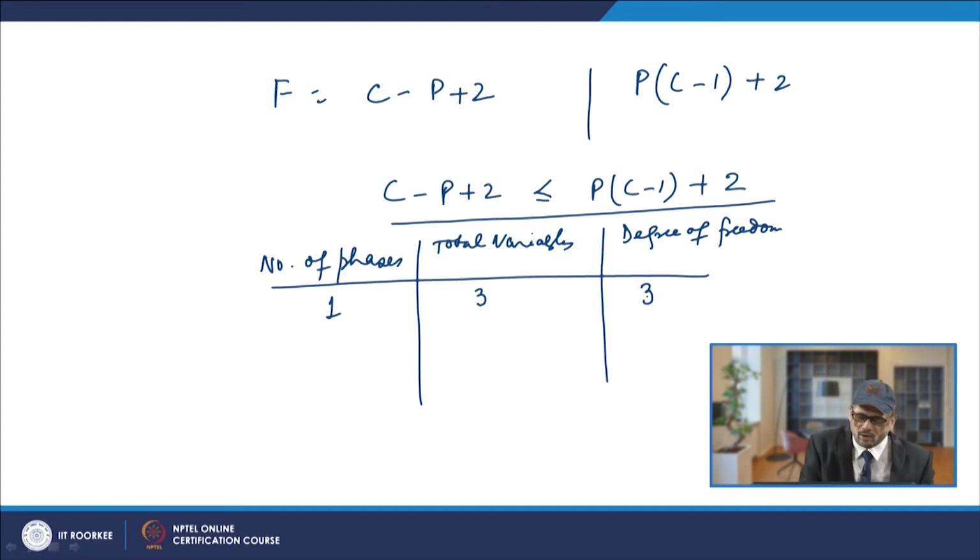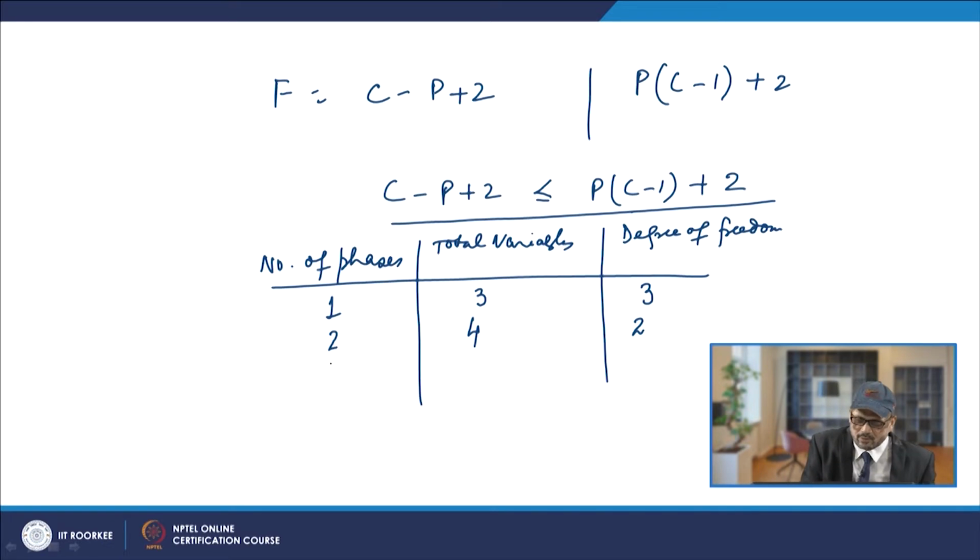Now, if you go for the number of phases as 2, for a 2 component system, the total variables will be 2 into 2 minus 1 plus 2, so 2 plus 2, that is 4, and the degree of freedom is 2 minus 2 plus 2, so it will be 2.